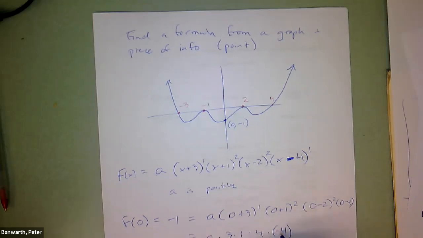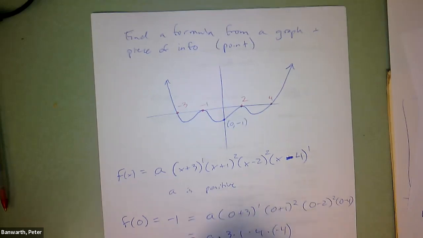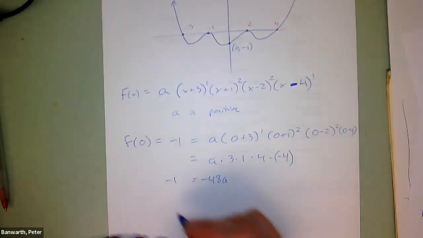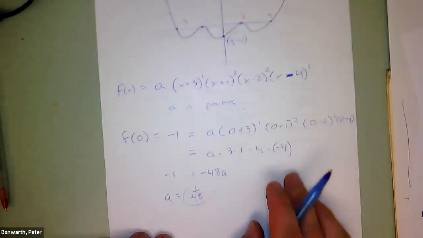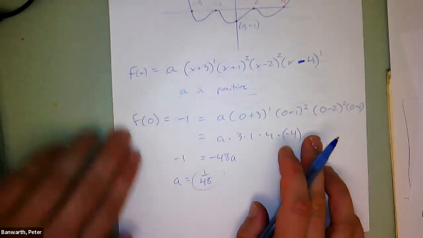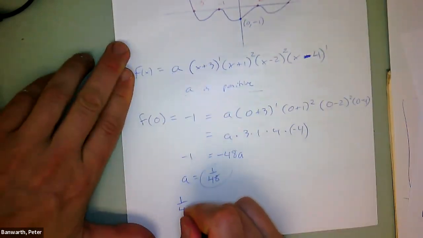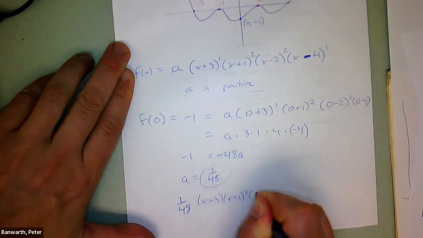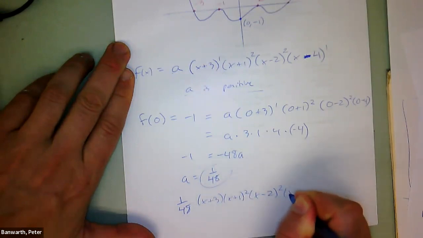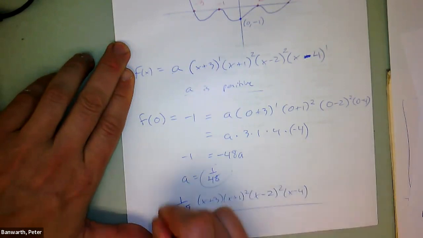Which looks to me like -48 equals -1. So A is 1 over 48, and yep, that's positive, just like I thought it would be. So my equation should be 1 over 48 times (x plus 3) times (x plus 1) squared times (x minus 2) squared times (x minus 4).